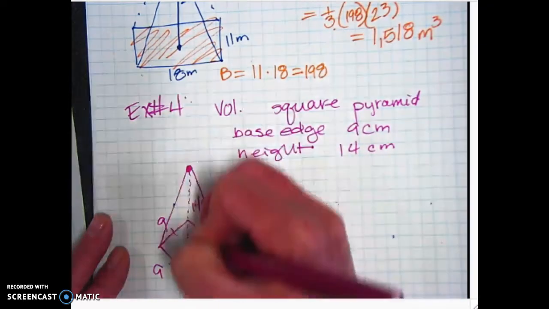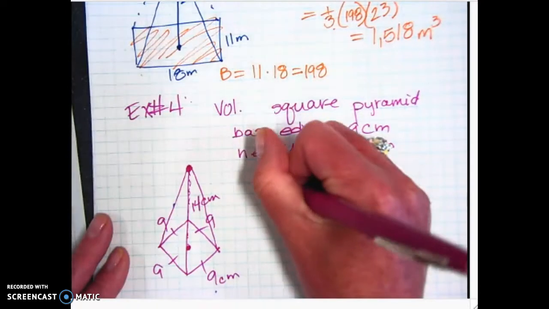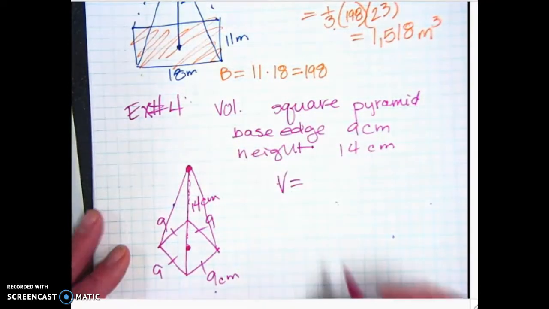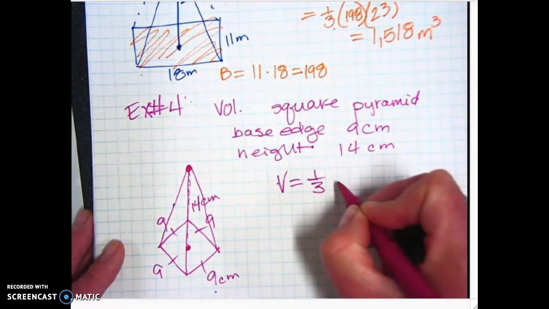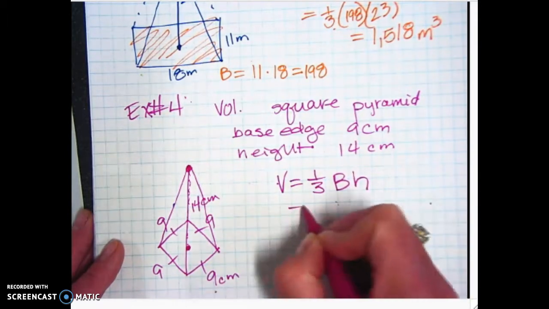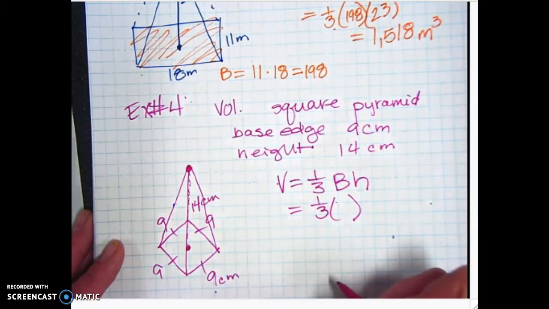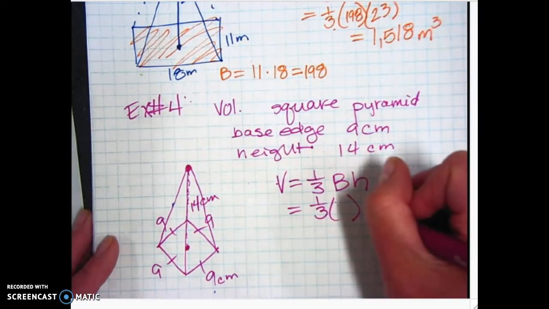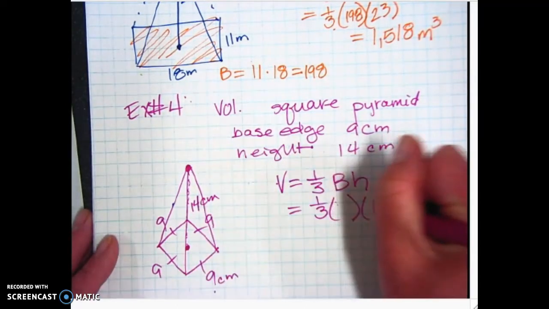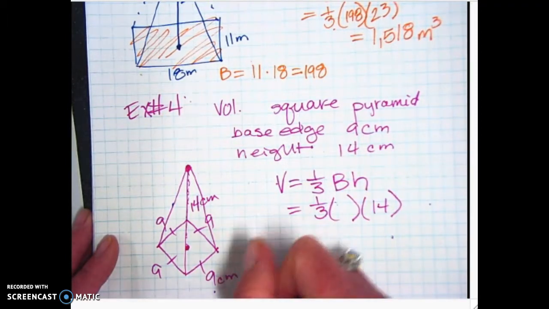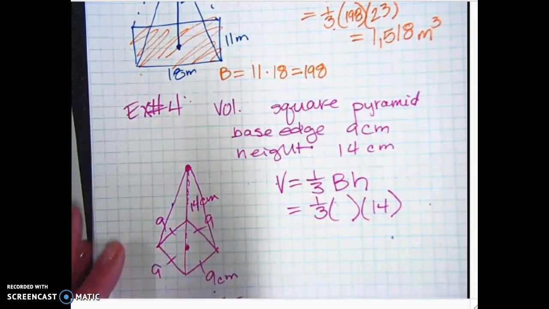Connect them up. Okay, so let's start with our formula. Formula is 1/3 area of the base times the height. So we need to calculate the area of the base, which should be super easy. And the height they gave us is 14. Area of the base, it's just a square, right?